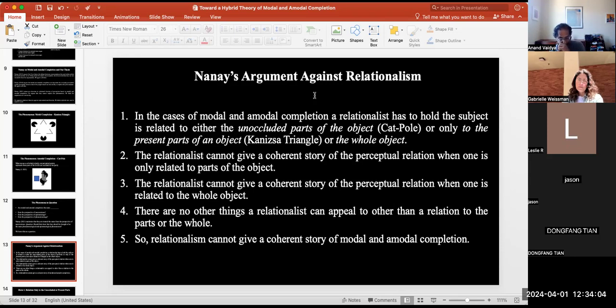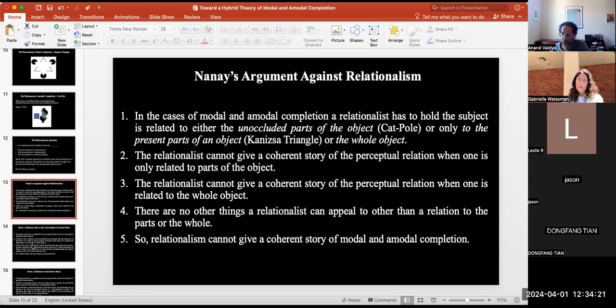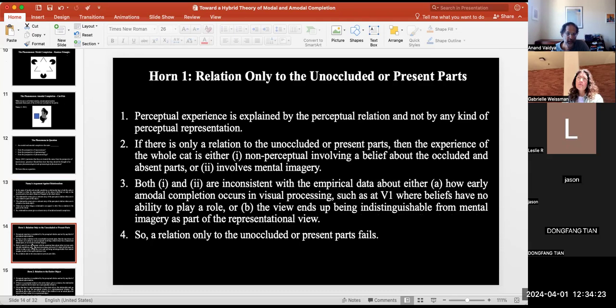So relationalism cannot give a coherent story of modal and amodal completion. Excellent argument. Divide the space into two possible routes, then show that on each of those routes, the person fails to give a coherent story, and then conclude that the theory is doomed, right? So we agree with the strategy, at least to a certain point. We'll disagree with it in a moment.